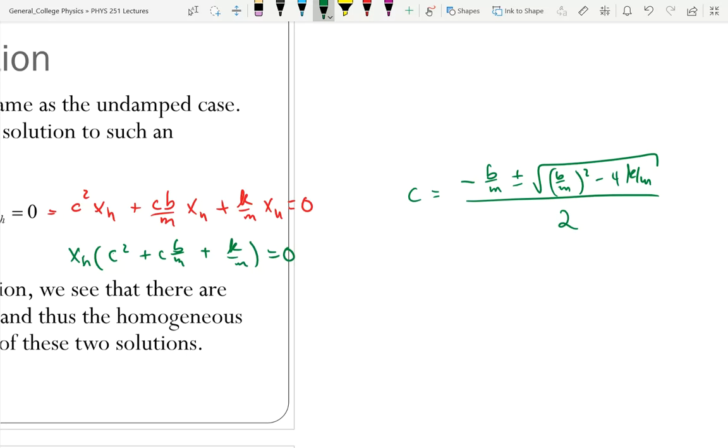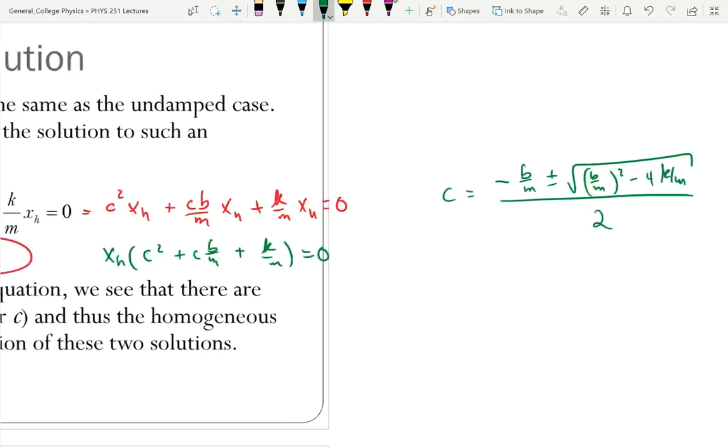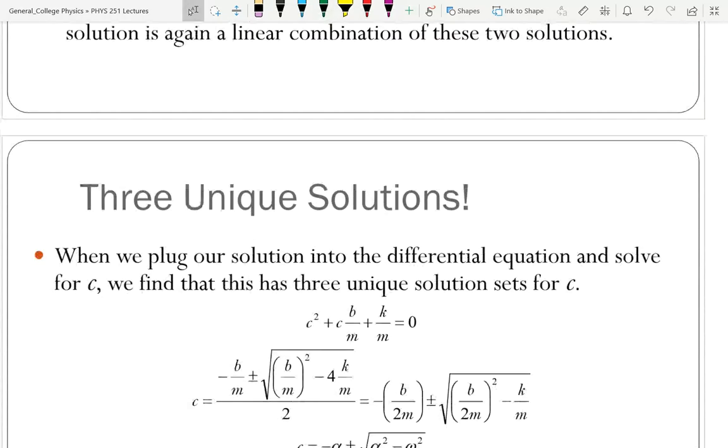And each one actually has to have 2 solutions. Because it's a second order, it has to have 2. And so that one that I just mentioned, the special case, is going to have a special solution. So we take these 3 and we call them overdamped, critically damped, and underdamped. Let me go on to the next slide because it'll be easier than me writing it down.